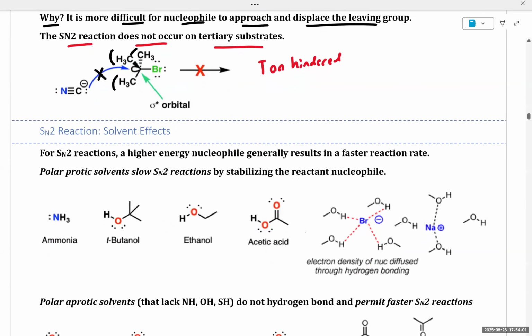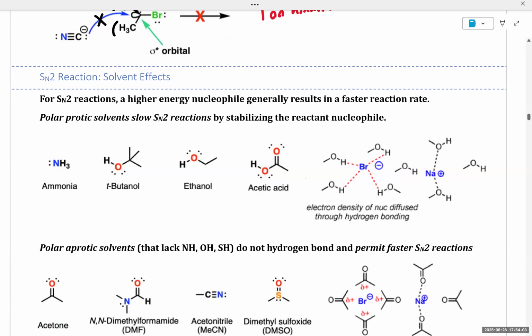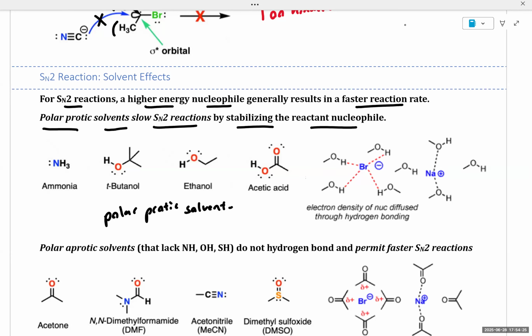In terms of solvent effects, for SN2 reactions, a higher energy nucleophile generally results in a faster reaction rate. Polar protic solvents slow SN2 reactions by stabilizing the reactant nucleophile. So these kinds of polar protic solvents will interact with and stabilize your nucleophile, and in turn, that slows the rate of reaction.